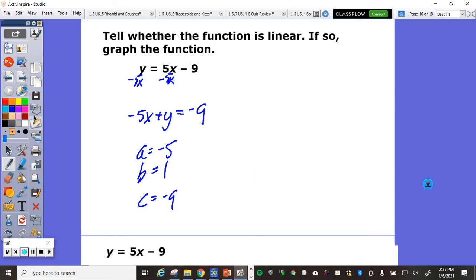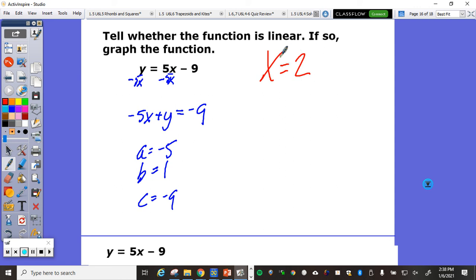Okay? All right, so on a side note, is that linear? No. Do I have an exponent that is greater than 1? Do I have two variables multiplied together? Do I have a variable in the denominator? And that's linear. Okay? So this is a linear function. Now we want to write this in standard form.